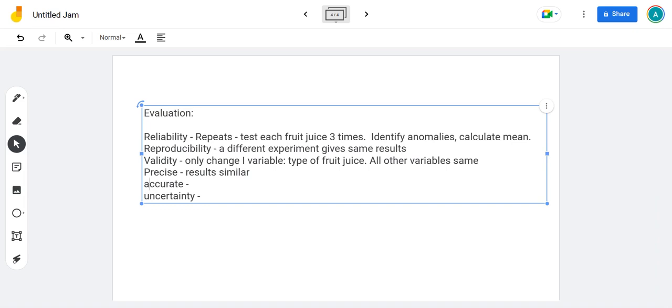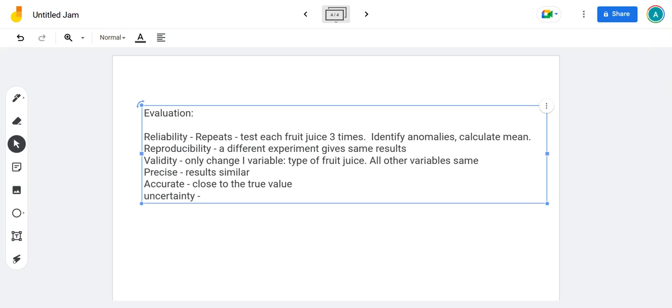Accurate means close to the true value. So if a scientist that was really well practiced and worked with vitamin C concentrations every day of their life and was a real expert with the best equipment in the world, what would they get as the vitamin C concentration of that orange juice? Would they get the same result as you? In which case your result's accurate.